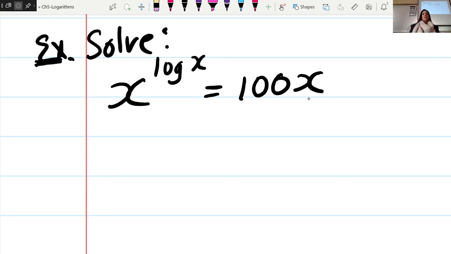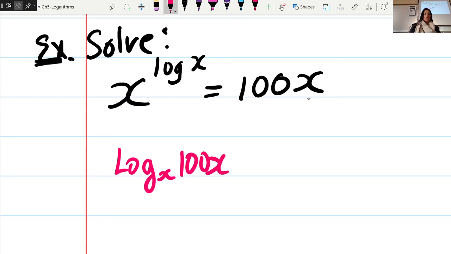So we need to get the log down from the exponent. So let's change this into log form. If I change this into log form, what's the base of my logarithm? Okay, that's not nice, but okay. It's gross, but that's all right. Log base x, and what are we taking the log of? 100x, and what is that equal to?